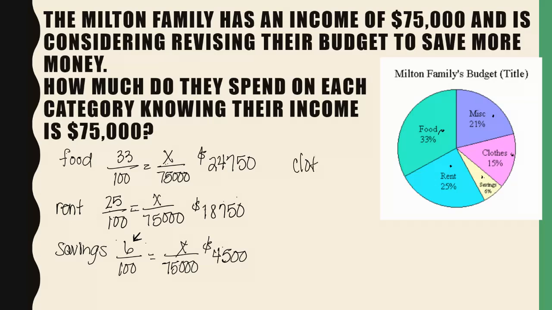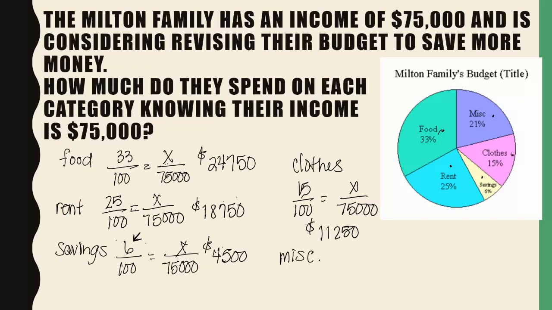Their clothes would be 15%, so I'm going to put the 15 over 100 and then work with the 75,000 again. And I get $11,250 on clothing. The last thing I need to find is the miscellaneous.